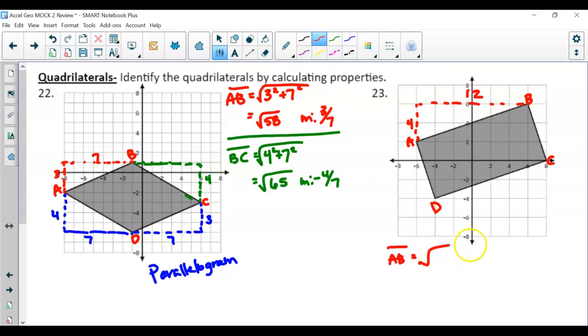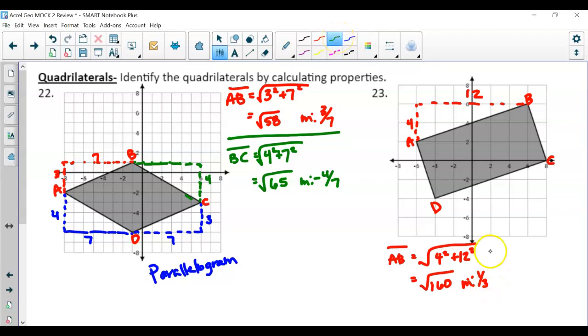So now we're going to find the square root of 4 squared plus 12 squared. So now here, that's why we end up with radical 160. Then the slope is positive 4 over 12, which is 1/3.